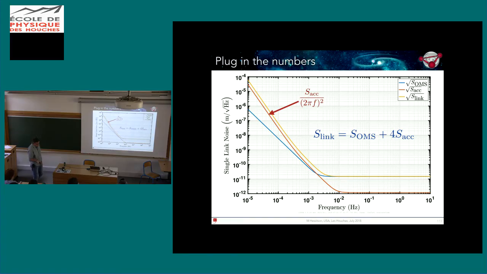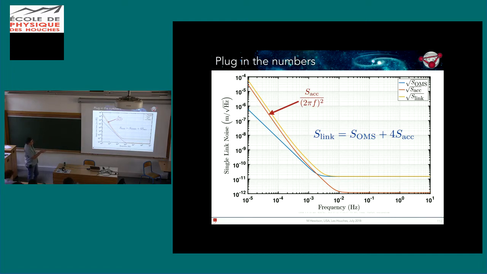So those two numbers I put down, one for the optical metrology noise here in blue, was a few picometers per root hertz. The test mass force noise at a few femtometers per second squared per root hertz results in a displacement that looks like this. And remember, there are 4 of those, so there are 2 times that power in linear spectral density here.